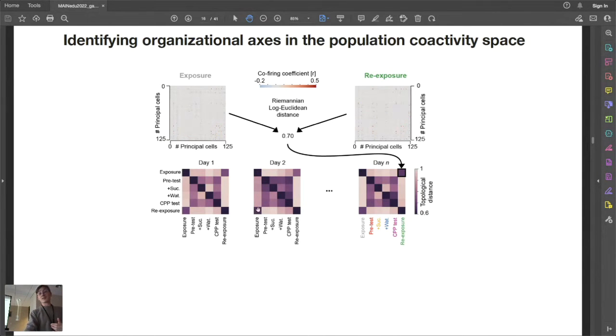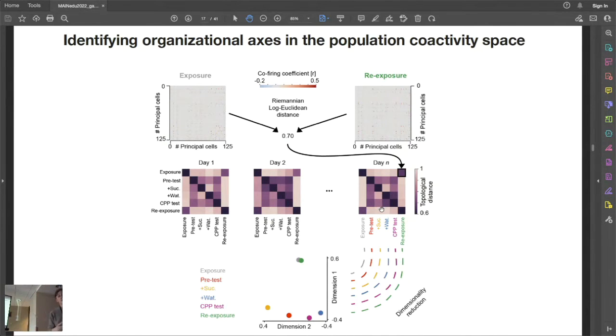What you can see down here is a 6x6 summary of the distances of the co-firing pattern of the network in each of the 6 sessions the mice went through each day, measured in a pairwise fashion. So we get 36 measures altogether, but they are symmetric. They should be.